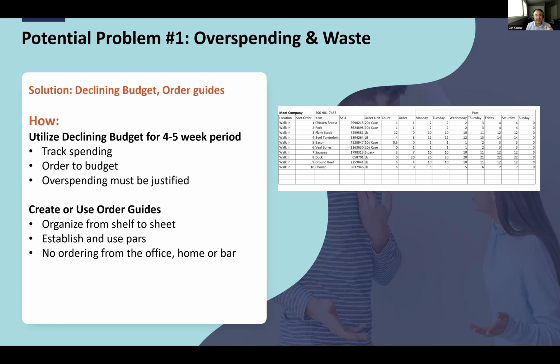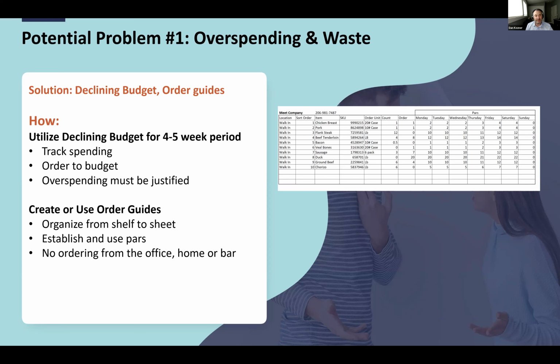In this particular case, this is a meat order, so maybe we have some things in the walk-in and some things in the freezer. Then I put in what we call a sort order. This sort order helps us go from shelf to sheet. We want this order guide to be in the order that things live on our shelves.